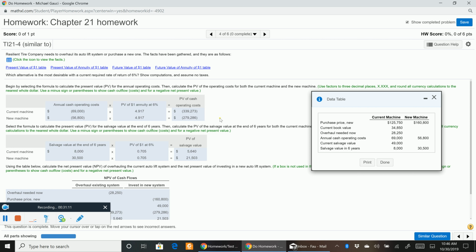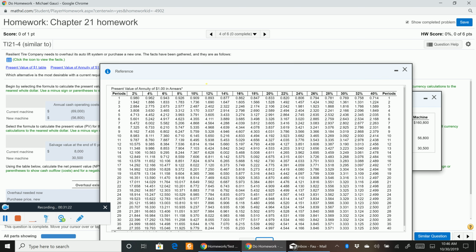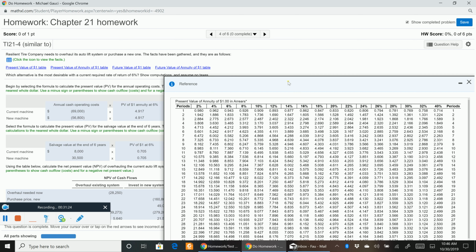So we're going to use our present value of an annuity table. That would be here. If we go to the 6% column, and it's for 6 periods, what do you get? 4.917. That's the factor, 4.917.